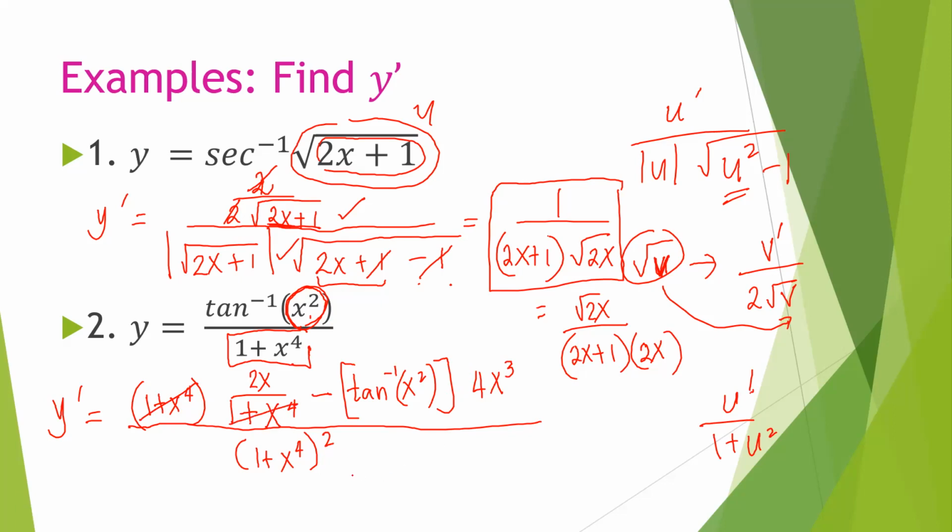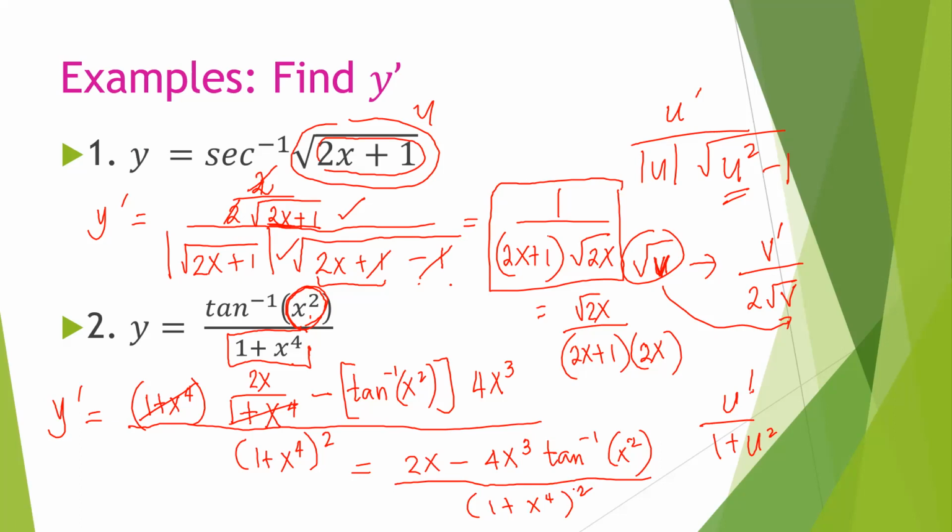So, you just have 2x minus, iayos na lang natin to. Let's write it as 4x cubed multiplied by arctan of x squared, all over 1 plus x to the 4th quantity squared.